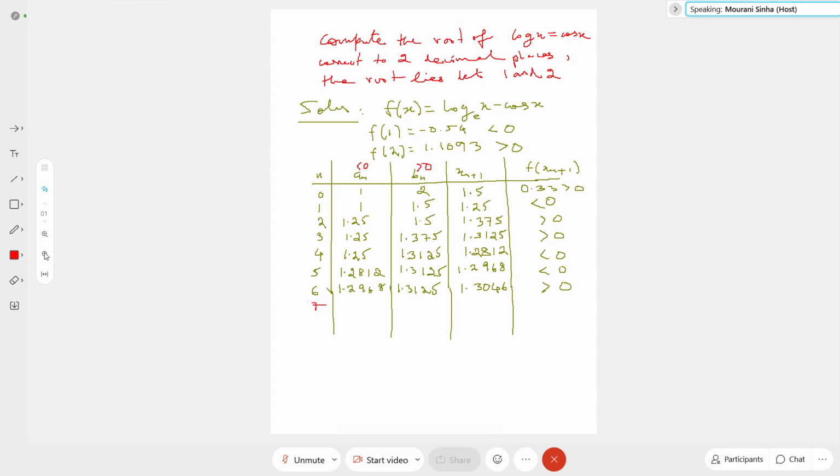Positive means the new value goes to the positive column. So 1.3046 here, and this remains the same, 1.2968. Calculate the middle value.